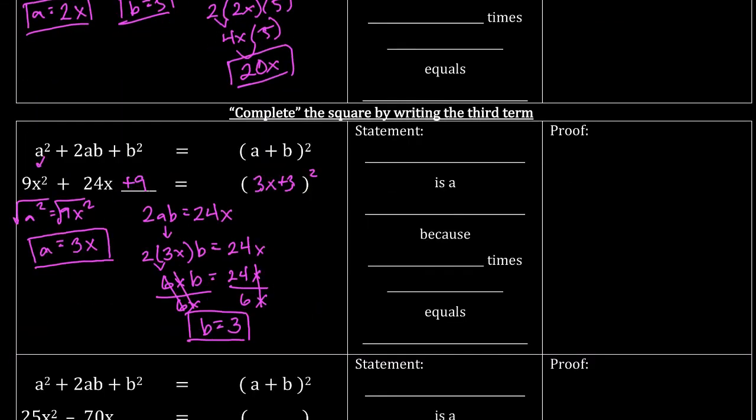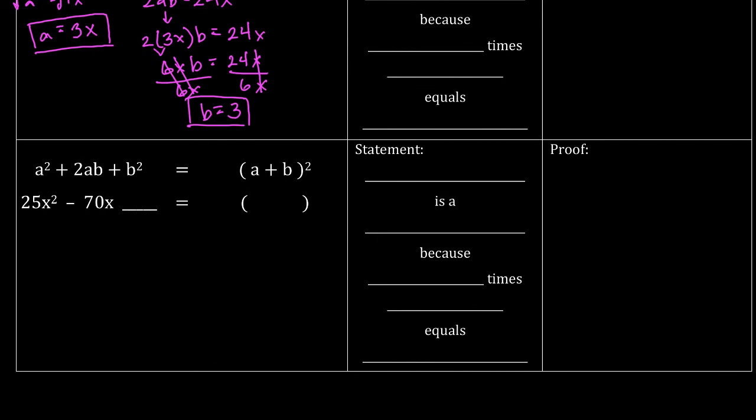Let me make sure I can see the last one. All right. So a squared is 25x squared. So let's square root that. A is 5x. The square root of 25 is 5, and the square root of x squared is x. All right, we know this middle term. 2ab is negative 70x.